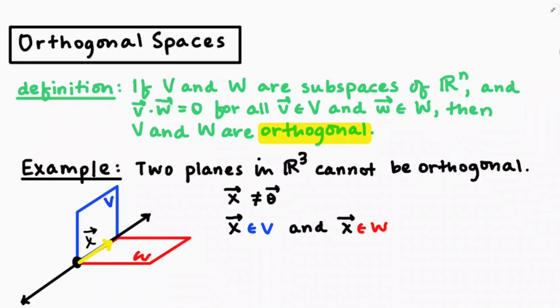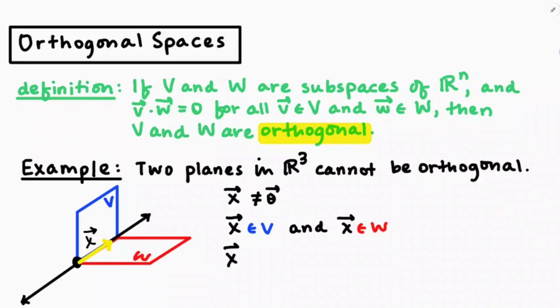So what I would point out to you, if I label the blue plane as V and the red plane as W, is that X is not the zero vector, but X is in both V and W. So if V and W were going to be orthogonal to one another, then X would have to be orthogonal to itself. And as a non-zero vector, it's going to be very difficult for that to be the case, right?